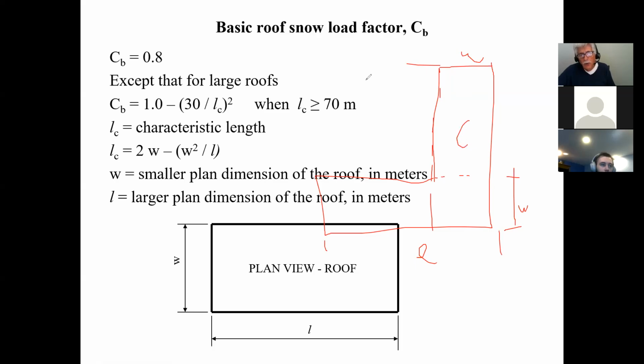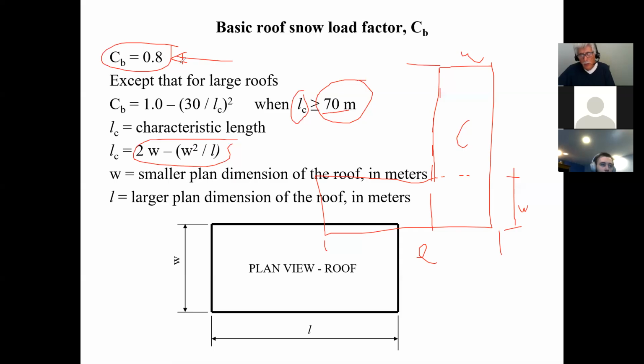Now, if they both happen to be under 70, then you don't have to worry about it. The minimum value you can use is 0.8. So this only becomes important when this characteristic length exceeds 70. If it does not exceed 70, CB is always 0.8.